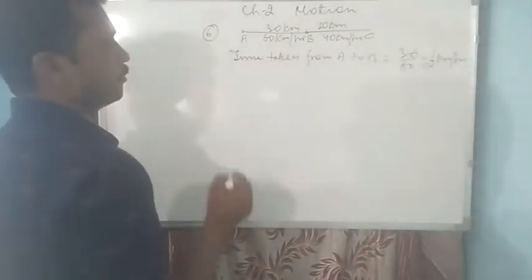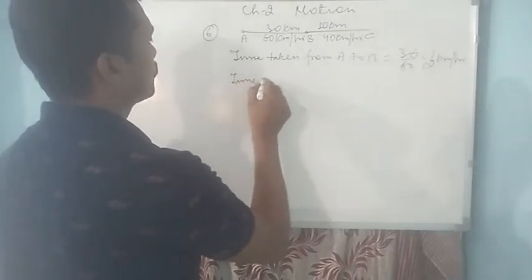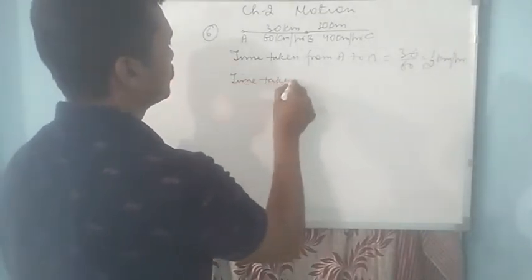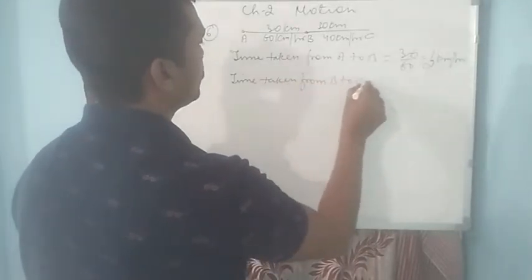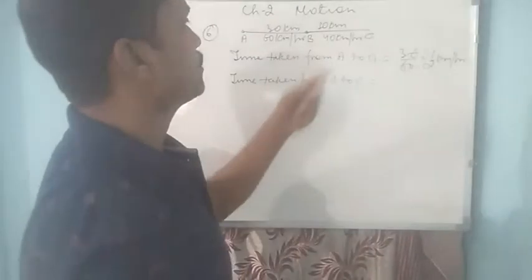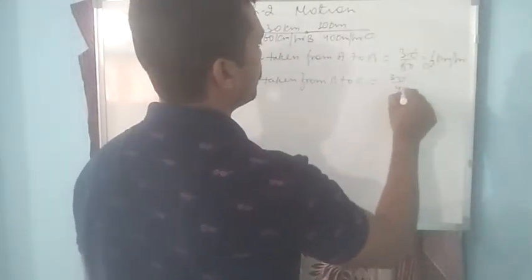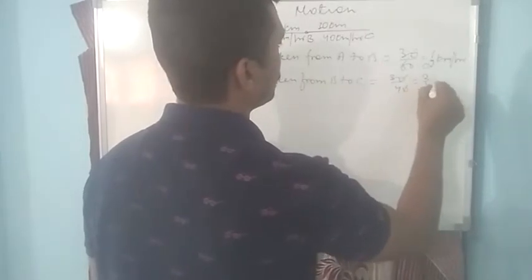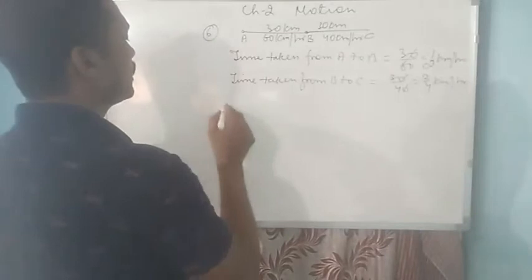Then time taken from B to C will be again distance by speed, which will be 30 by 40, that means 3 by 4 hour. So adding this, we'll get the total time.